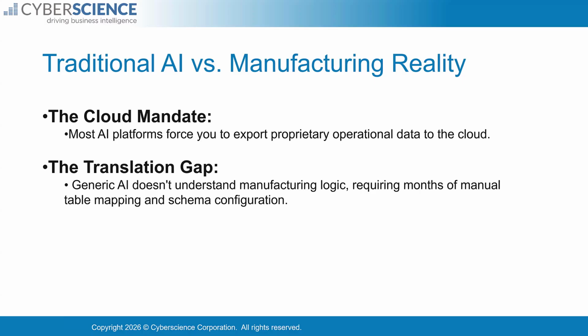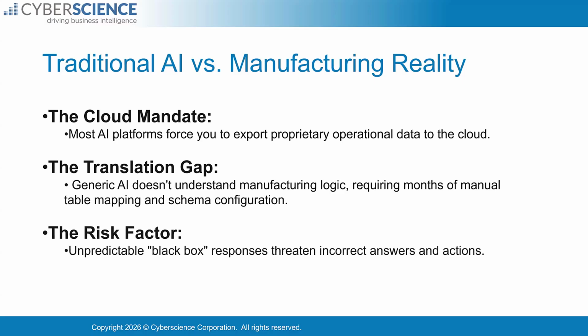They're going to spend a lot of time building in terminologies that say this is what revenue means, this is what margin means, this is what efficiency means. They're also going to let you know there's a risk factor that it's unpredictable. The answers you get back from typical AI are going to be hard to validate, and they could be incorrect, which might result in incorrect actions.